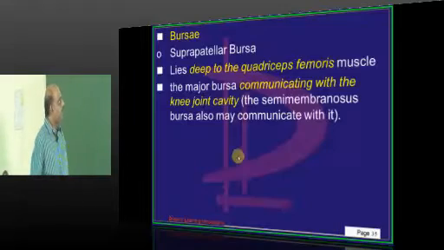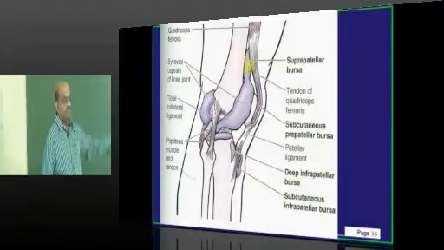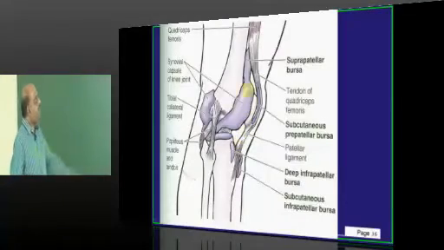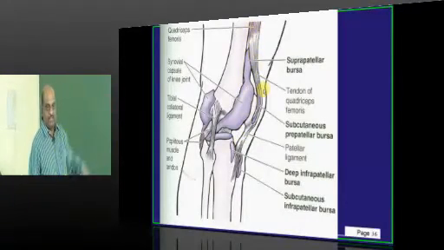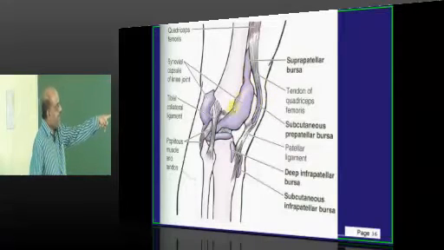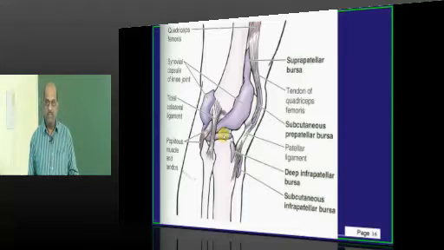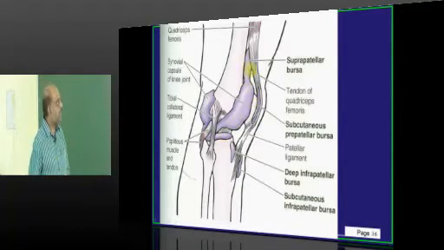Okay, doc? Now, where is the suprapatellar bursa? It is deep to the quadriceps femoris muscle, and it is the main bursa communicating directly with the synovial cavity of the knee joint, very important from the surgical anatomy point.